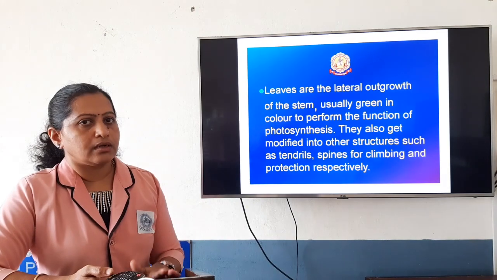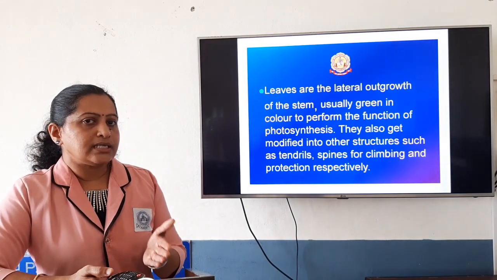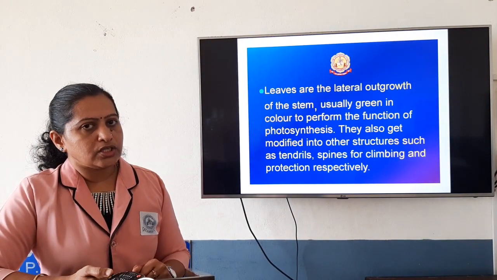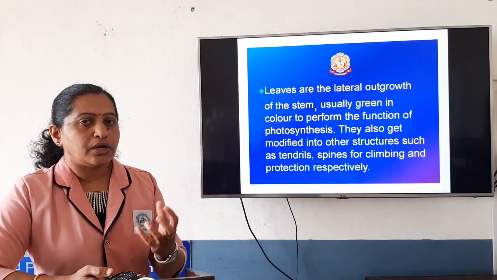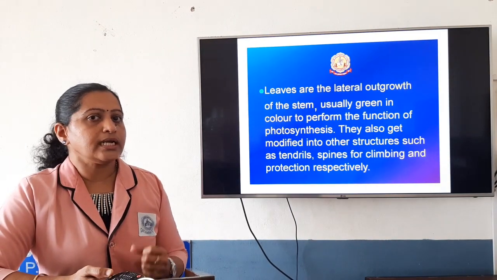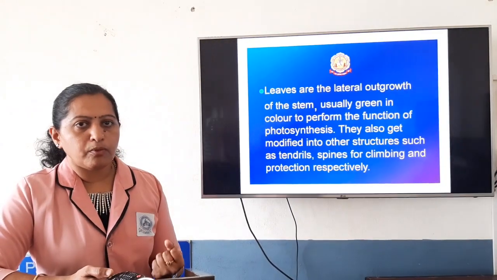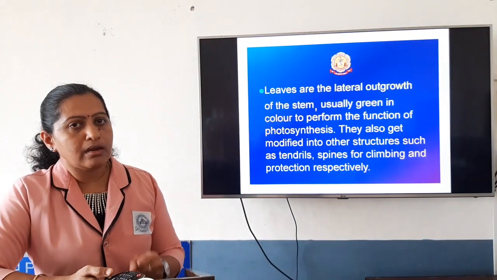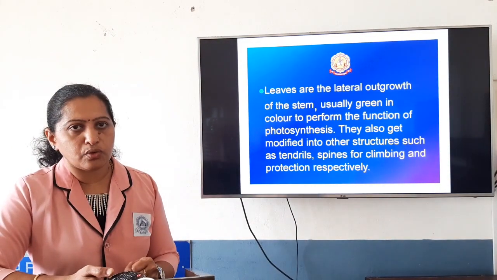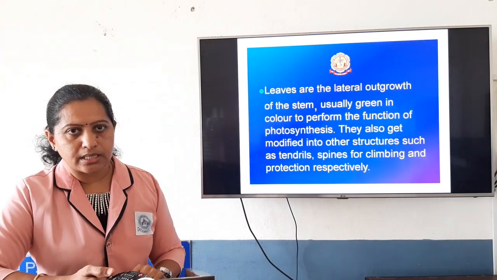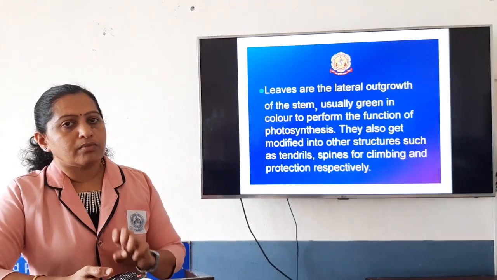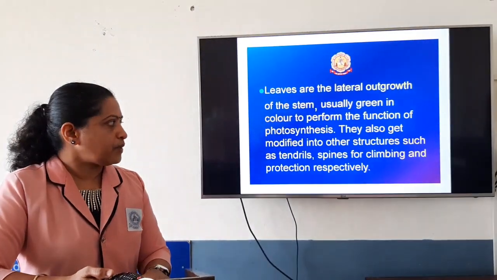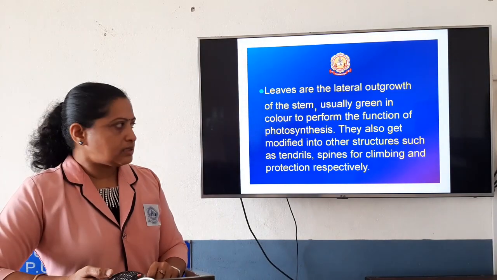We have studied in class 10 that plants undergo a unique process, that is photosynthesis, where they utilize carbon dioxide as well as water. With the help of carbon dioxide and water in the presence of sunlight as well as chlorophyll, glucose is synthesized. The glucose is nothing but the photosynthate, and it is stored in the form of starch.